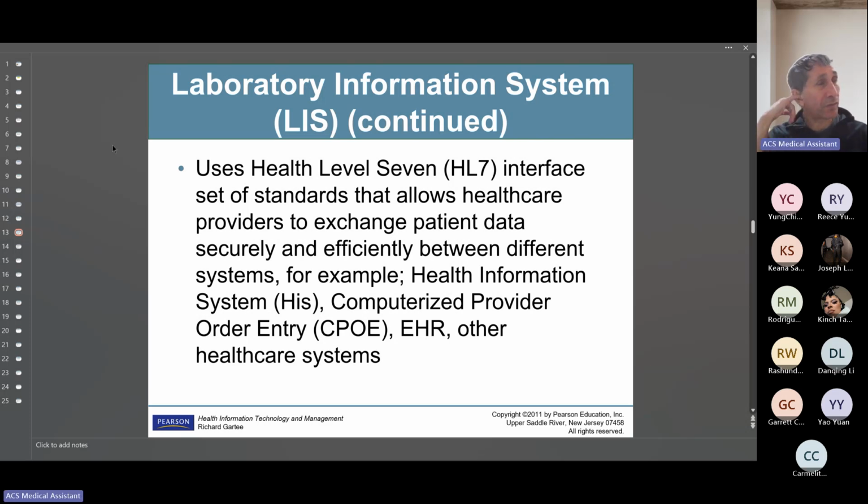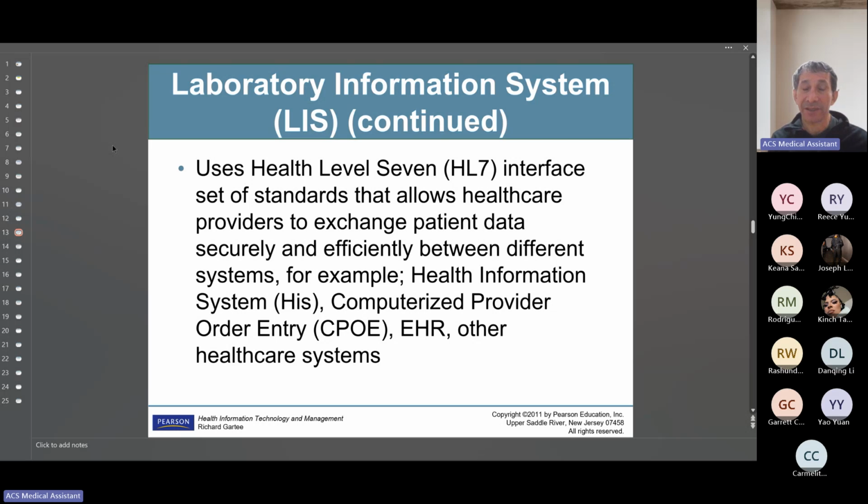In order for these applications to be useful, they have to have certain components, certain pieces of software to interface. One of the most common is called HL7. You don't have to know that, the HL7 interface, but this is what connects.